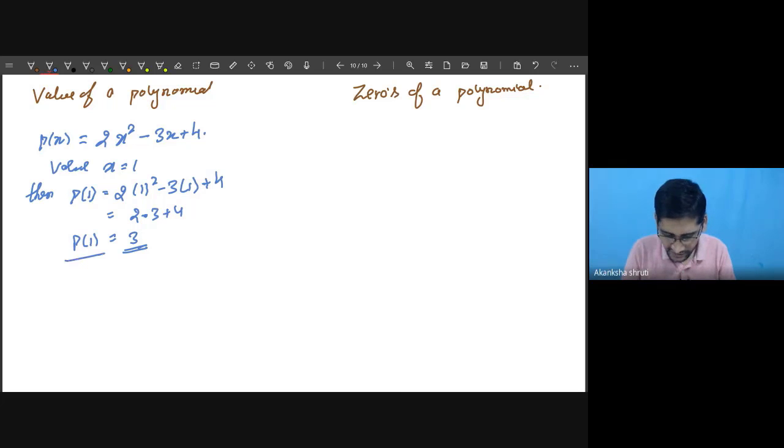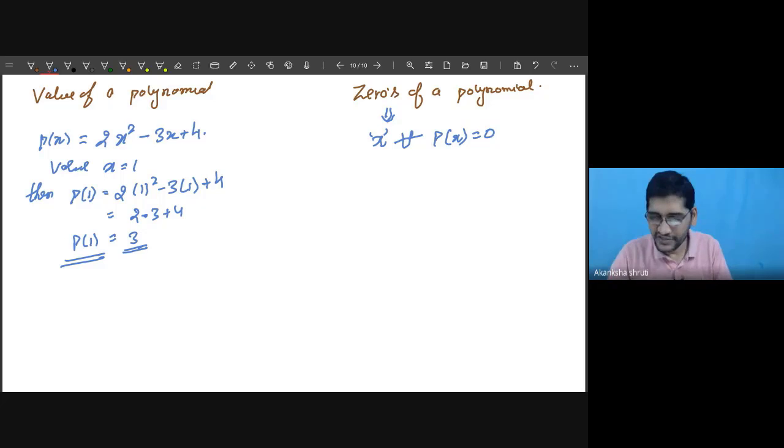3. It is this. But for certain values of x, the value becomes 0. Then that value of x is called a zero. So this is the value of the variable x for which the value of polynomial p(x) becomes 0. So for getting zeros, we always equate the polynomial to 0, and by factorization and other methods we calculate its zeros.